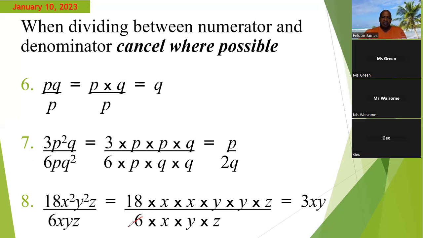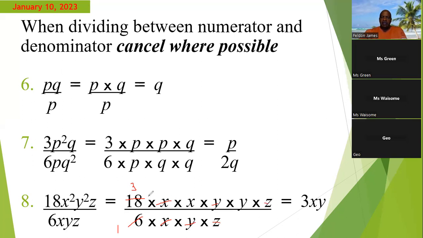So 6 can go into itself 1, 6 into 18, 3. X in the denominator cancels with an X in the numerator. We have a Y here, can cancel with one of the Y's up here. We have a Z here, cancel with this Z here.